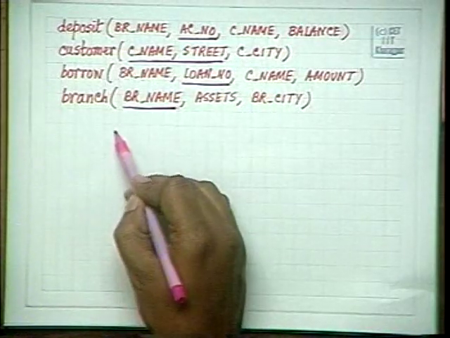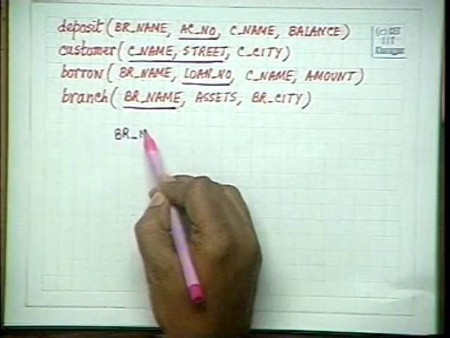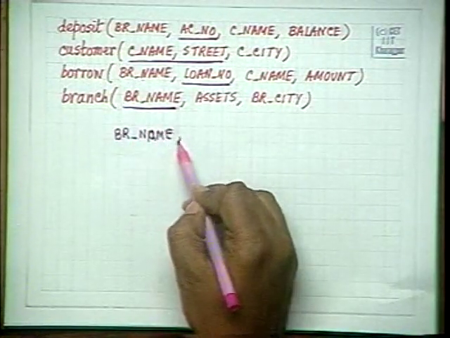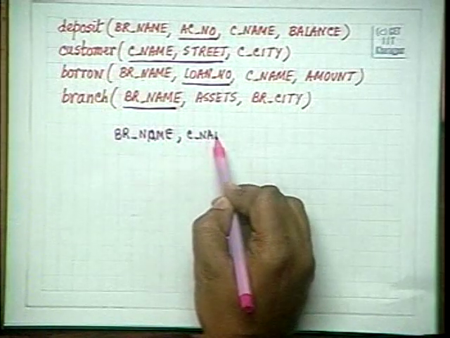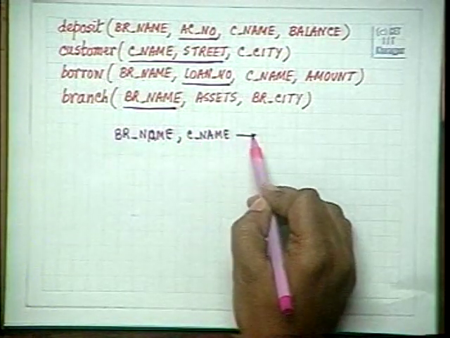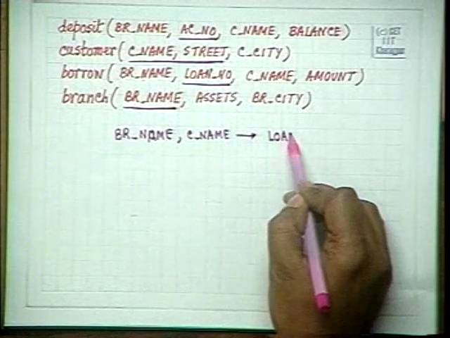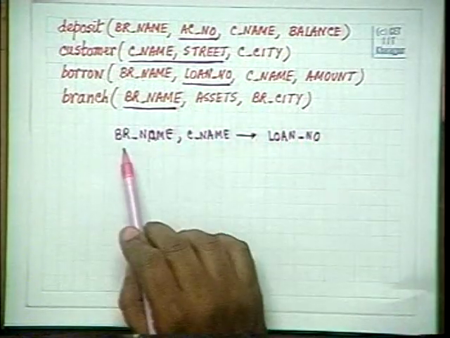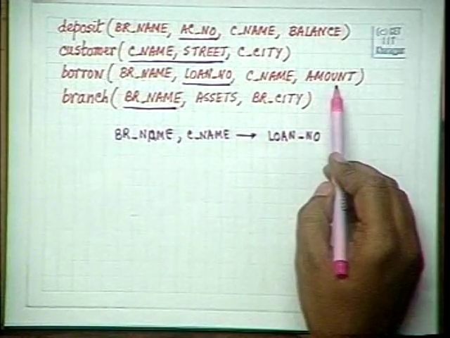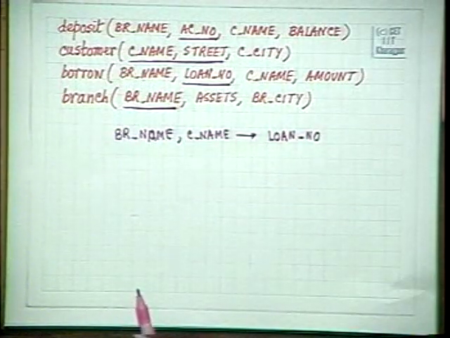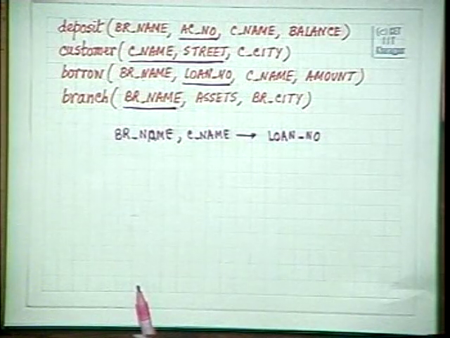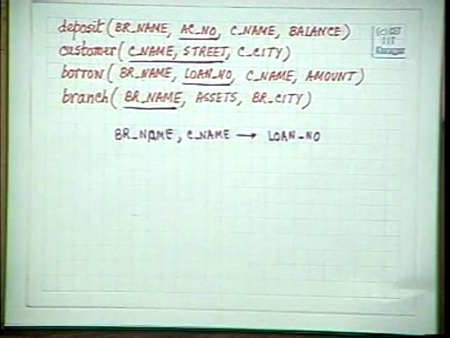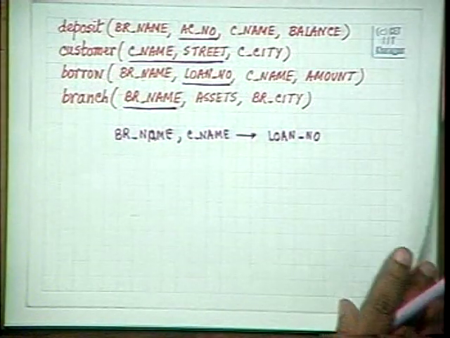I am not writing out the key attributes: branch name and customer name will give loan number. And since loan number is a primary key, automatically branch name and customer name will also imply amount. So we can put in a number of such examples here.